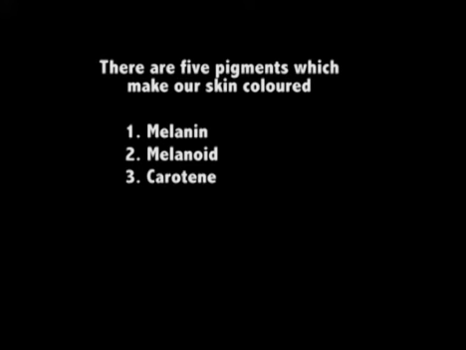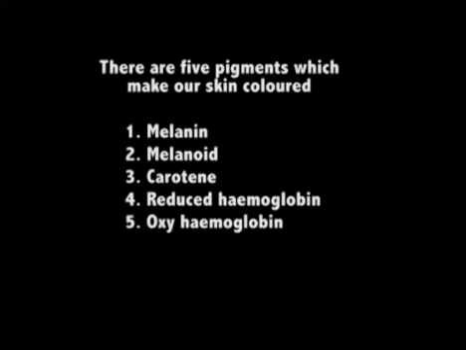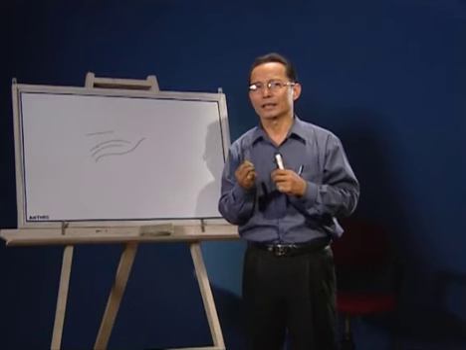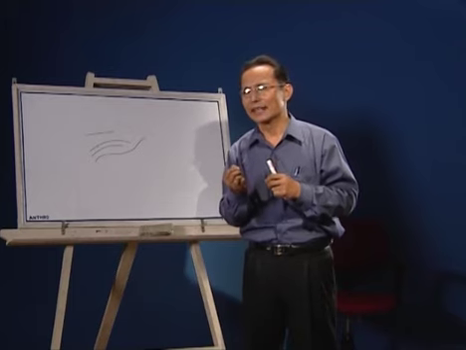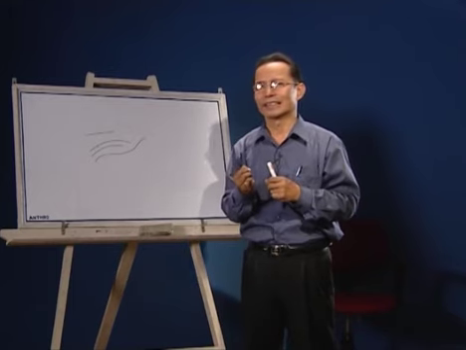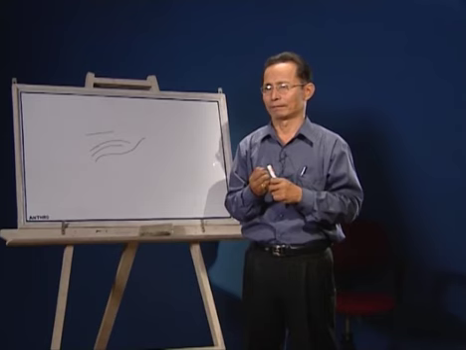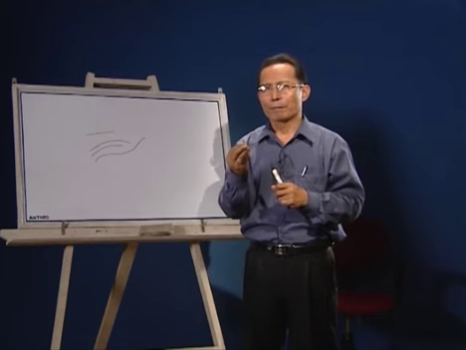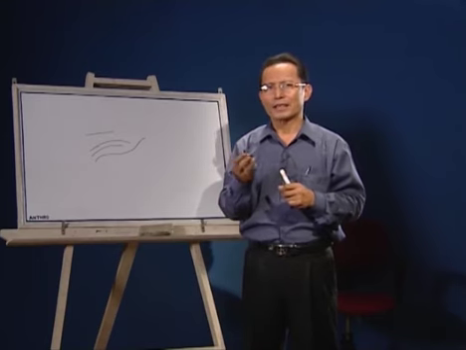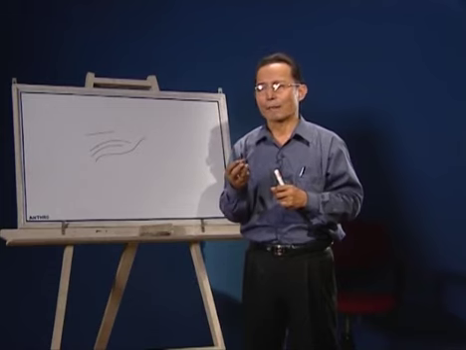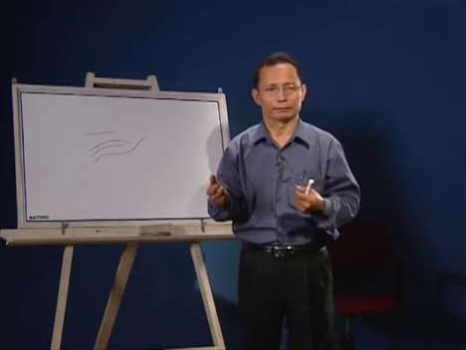One is melanin, the second is melanoid, the third is keratin, the fourth is reduced hemoglobin, and the fifth is oxyhemoglobin. And above this, we have one additional optical effect, that is scattering. So these five pigments plus the optical effect, scattering, make our skin colored.